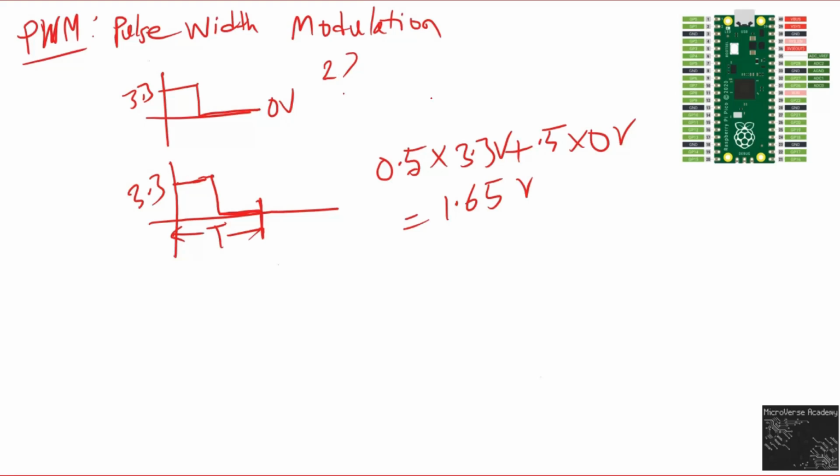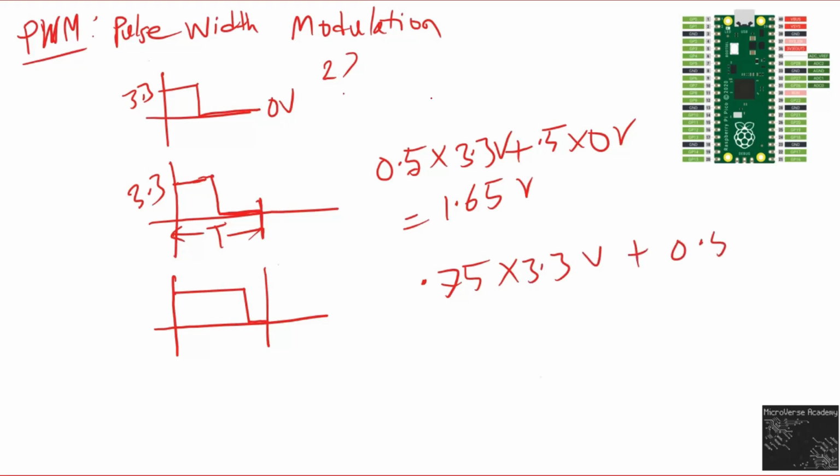And let's say the period is the same, and we turn this on for 75% of the time and turn it off for 25% of the time. In that case, the voltage will be 0.75 times 3.3 volt plus the 25% of the time it is turned off.